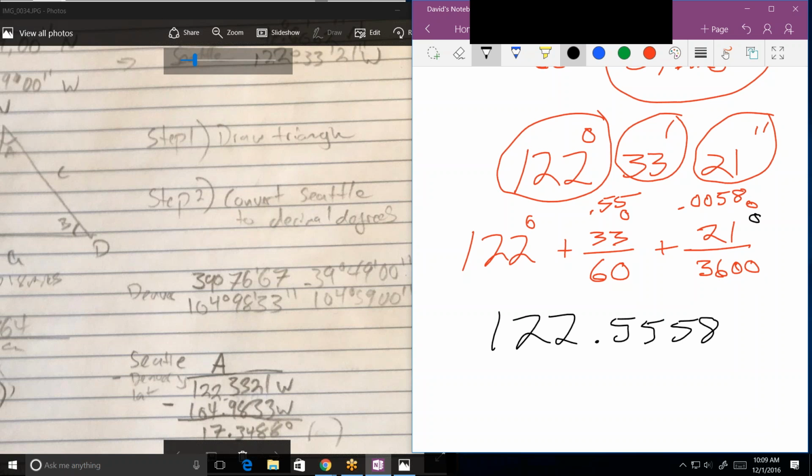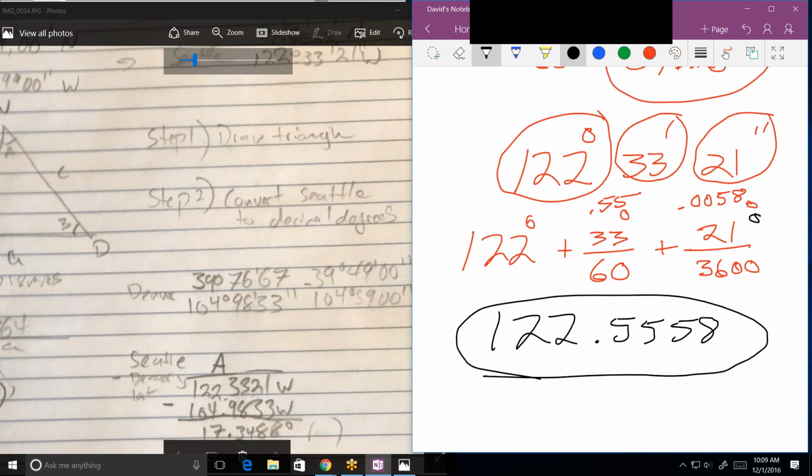Add all three of those numbers together, 122 plus 0.55 plus 0.0058, and you get this number right here. Okay, so now you should know how to convert degrees, minutes, and seconds to decimal degrees. That's what we just did.